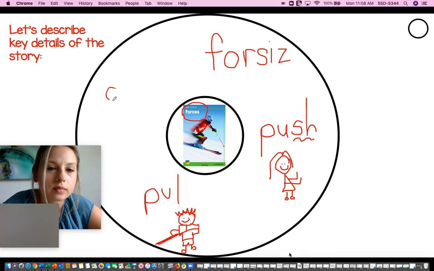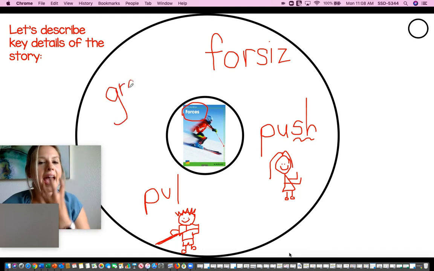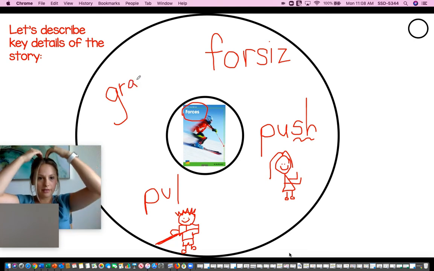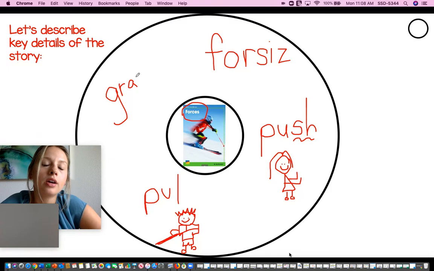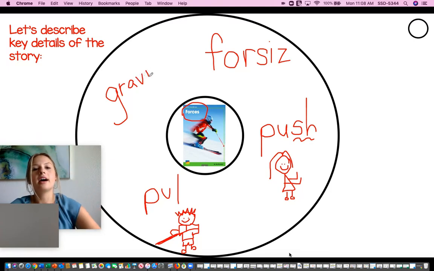G, A, Grav, T. Gravity. That's almost it.